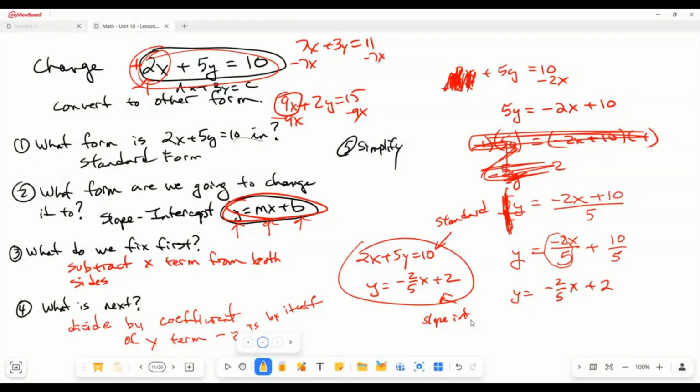You have to be able to do this. This is only one piece of what's coming next. We won't be able to do the next thing if we can't go from standard to slope-intercept or slope-intercept back to standard.